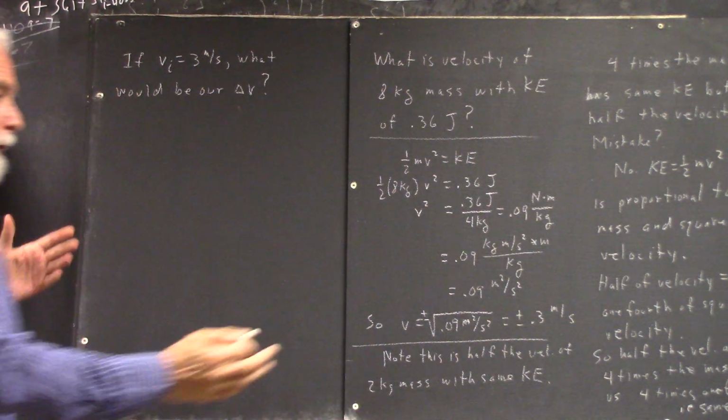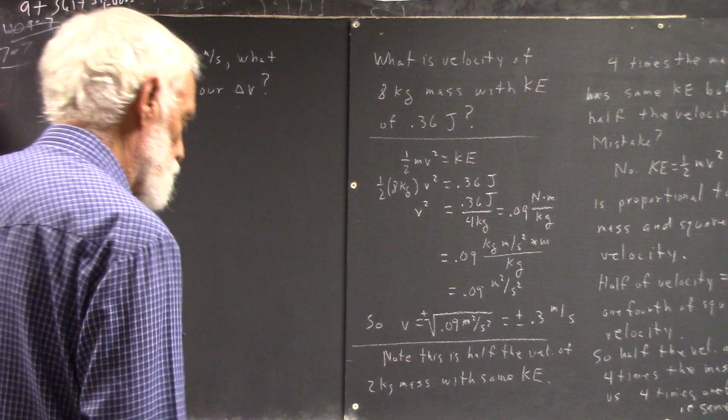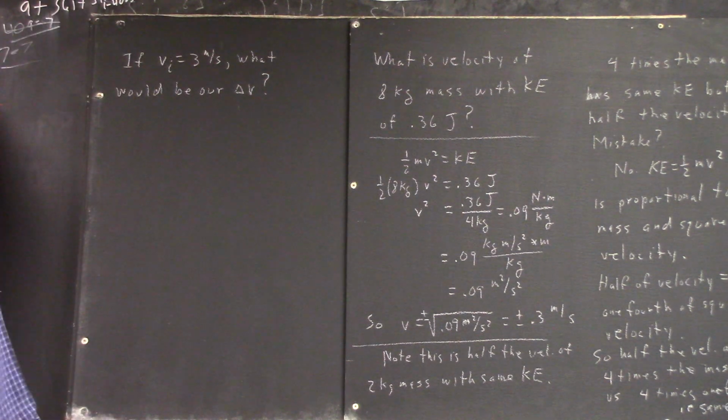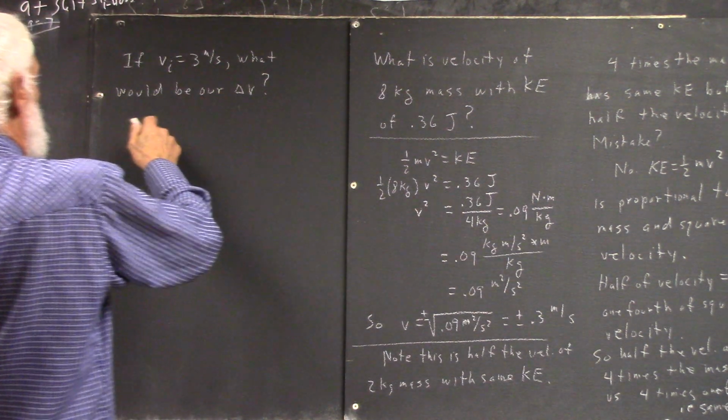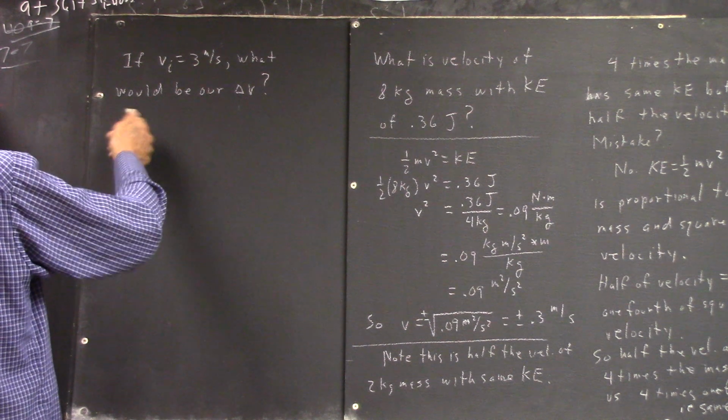Fully expecting to get 2.5 meters per second because it's obvious we ought to have the same change in velocity. Well, actually, turns out we don't. So we could set it up again.